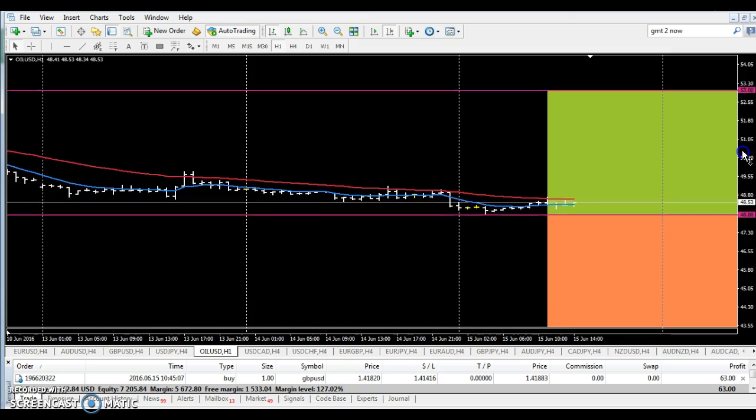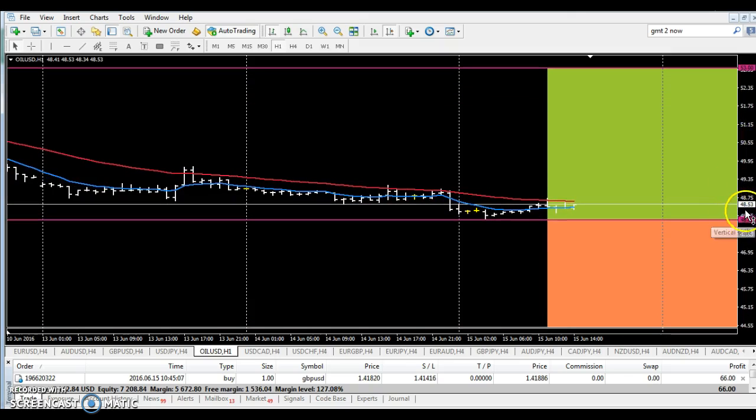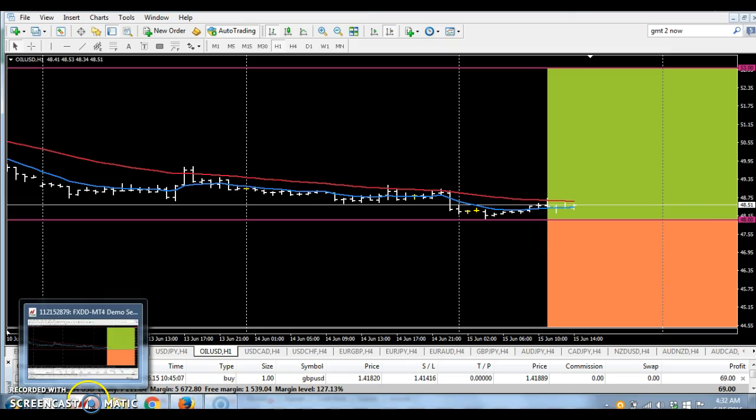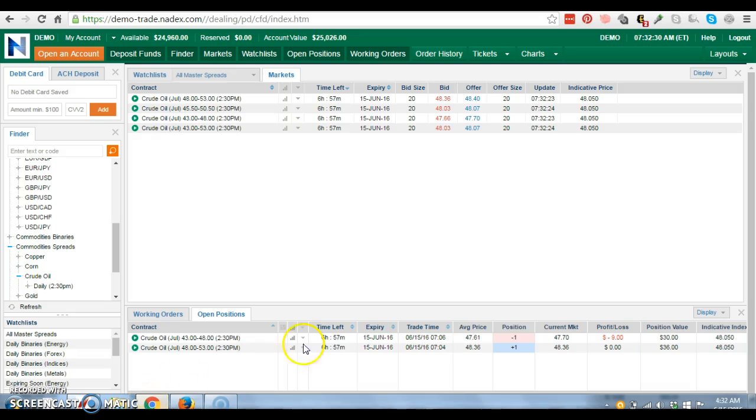And I got in right about at the money. So this chart really isn't representative of where the money is right now. There's a little bit of a deviation in pips. Because as you can see on my Nadex, I got in, and right now it's trading at 48.05.